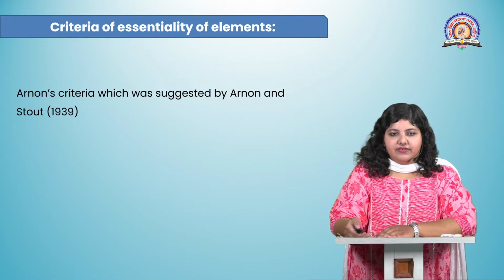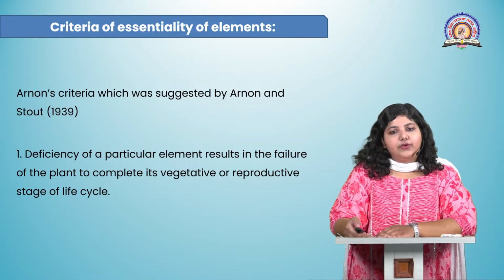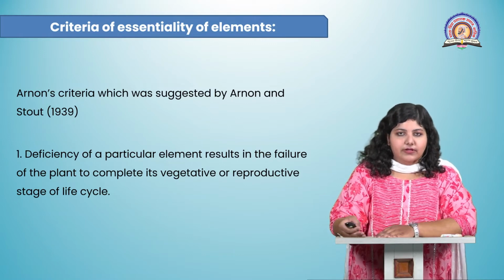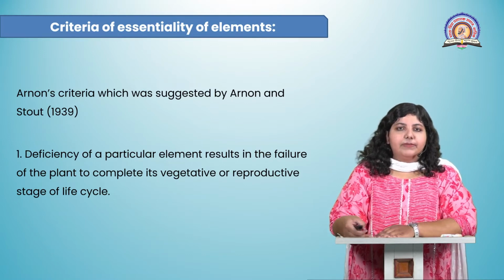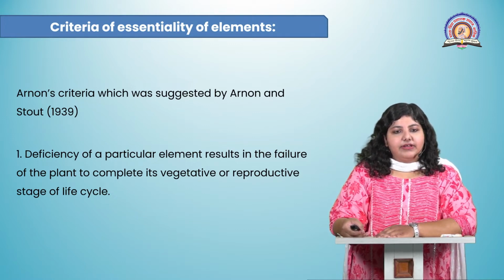Let us see the first criteria. Deficiency of a particular element results in the failure of the plant to complete its vegetative or reproductive stage of life cycle. That is, if a particular element is absent from the complete nutritional requirement, a plant will fail to complete its vegetative or reproductive stage of life.